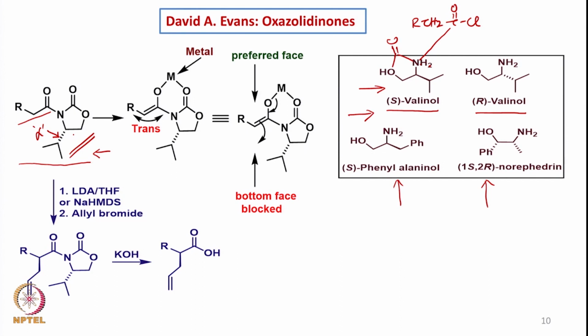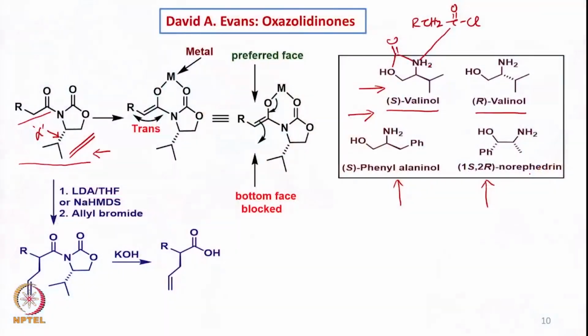So this is how various kinds of chiral auxiliaries from different amino acids have been reported, and of course this is from norephedrine, and the corresponding oxazolidinones can form. So let us see what we can do with it.